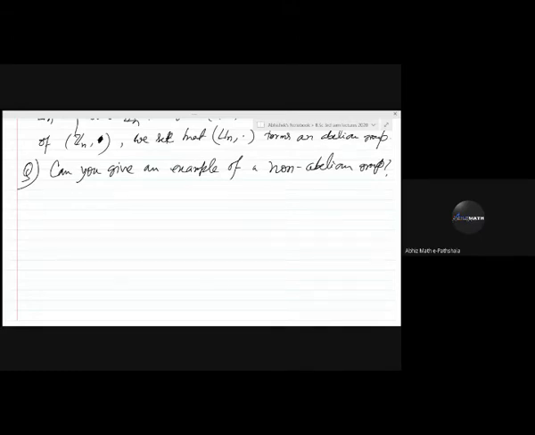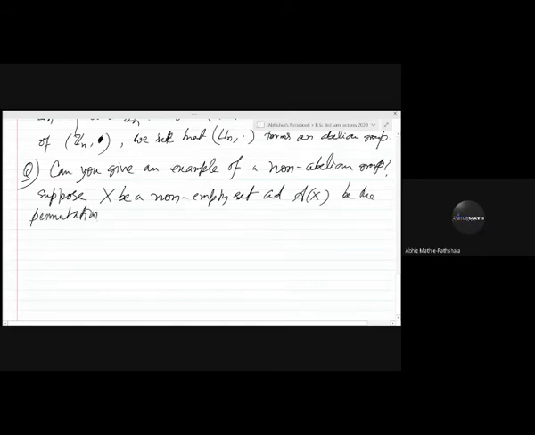Okay, so we can prove that suppose X is a non-empty set, and let the permutation group of X be given.